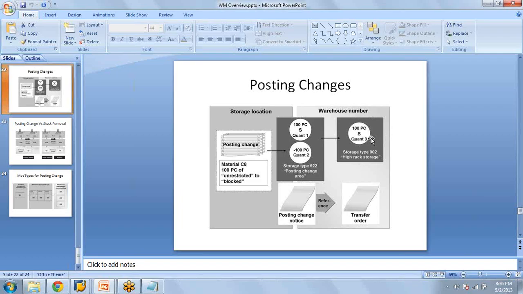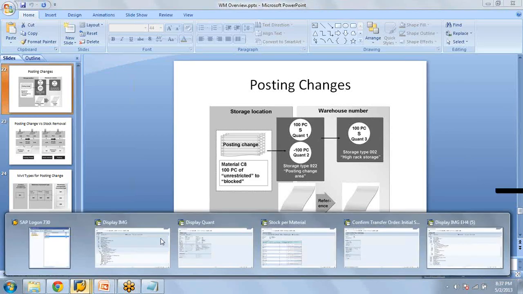Consignment, when we do transfer posting for 11K, if the consignment goods is WM managed, then also a posting change gets created, not a TR, right? Is it correct? Yes, exactly.